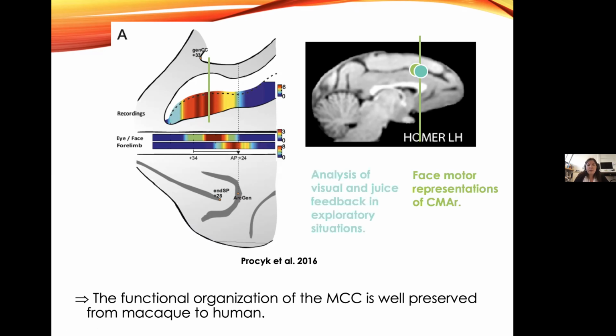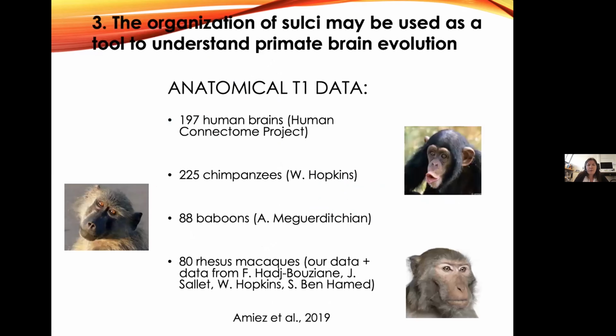And the third reason to study sulci is a recent one. In recent papers, we have shown that the organization of sulci may be used as a tool to understand primate brain evolution. To do so, we analyzed T1 data of a large sample of human brains from the Human Connectome Project, chimpanzee brains from a collaboration with William Hopkins, baboon brains from a collaboration with Adrien Meguerditchian, and macaques.